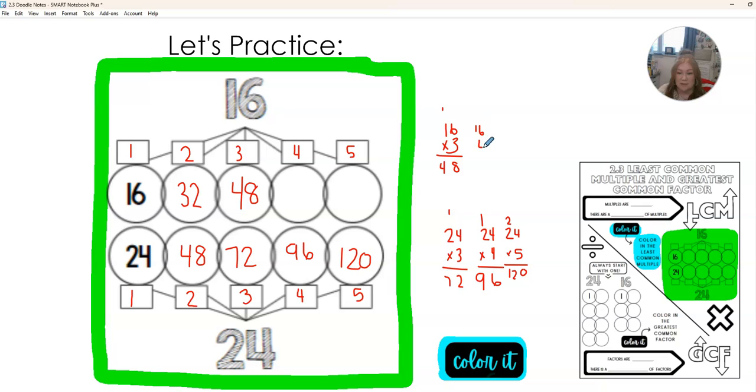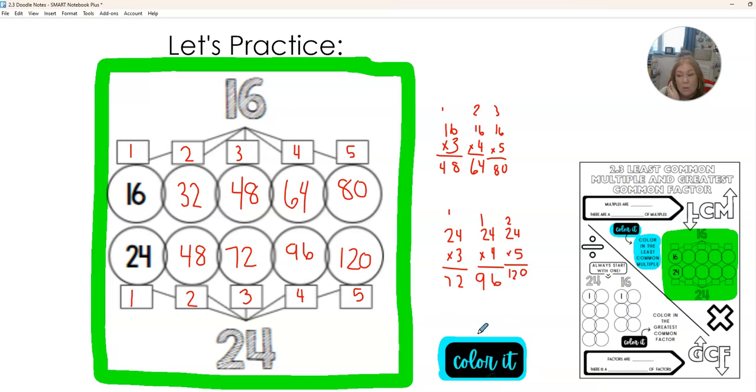And 16 times 4 is 64. And then 16 times 5 is 80. So when we're adding on 16 every time, there's our list. We're just skip counting and they're getting bigger every time. Multiples are more, they're bigger.